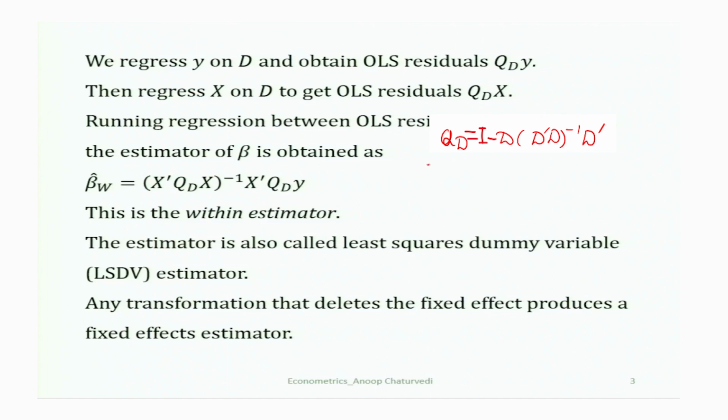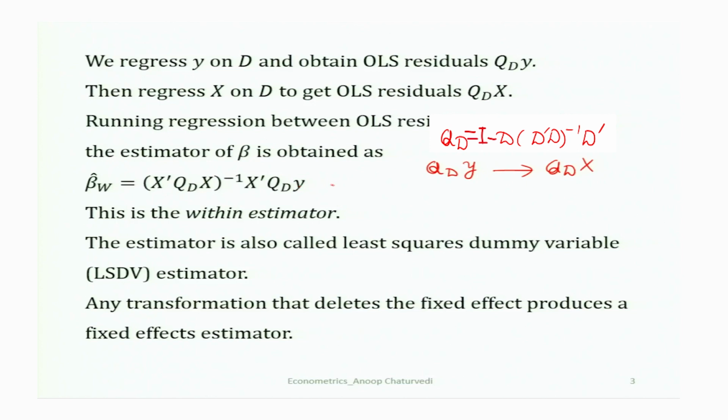So, basically what we have done? We have pre-multiplied y by Q_D, taken Q_D x, and then we run regression between Q_D y and Q_D x. And then we get the estimator of beta. The resulting estimator is beta hat_W equal to (x transpose Q_D x) inverse x transpose Q_D y.